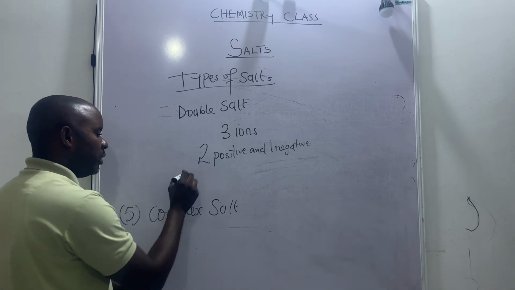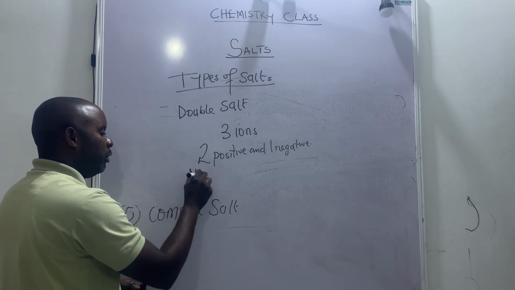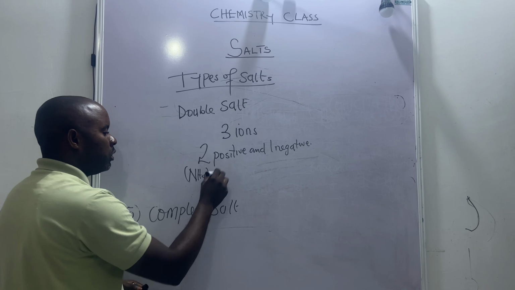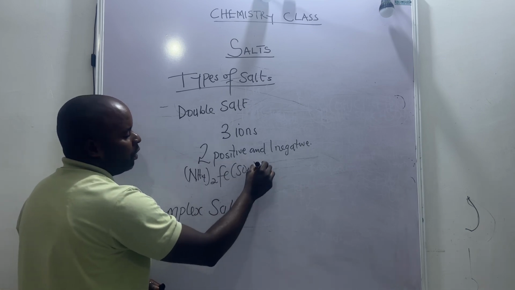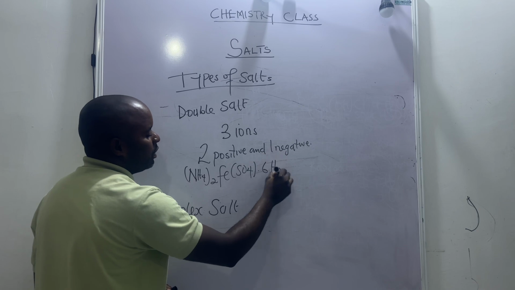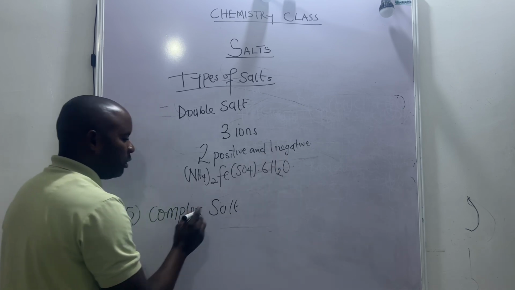So let's use a very good example: the formation of ammonium iron(II) sulfate hexahydrate. So what is the formation of this now?